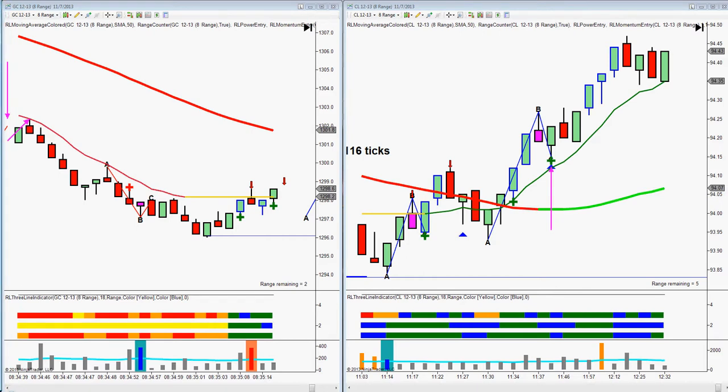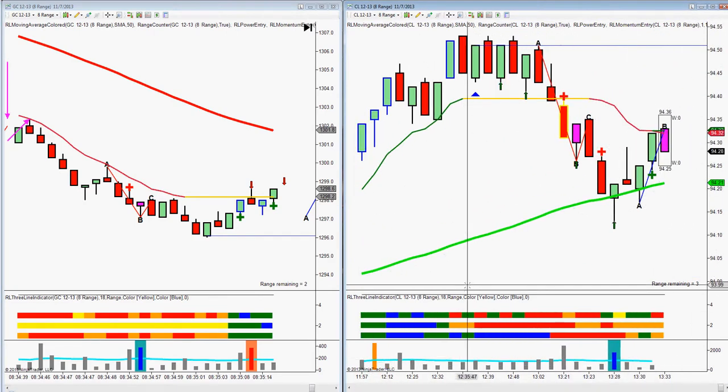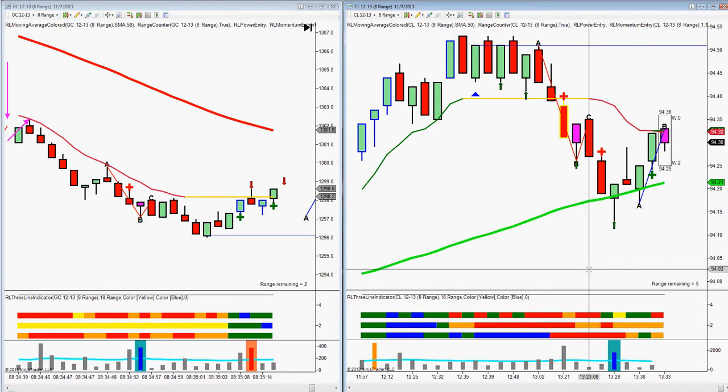Now, we are going to alarm the Bs. So they're going to give us the heads up on when we have a potential C, which I think is extremely important, because part of missing some of the trades when you're trading multiple markets is not catching the B, which tells you there's a potential C coming.